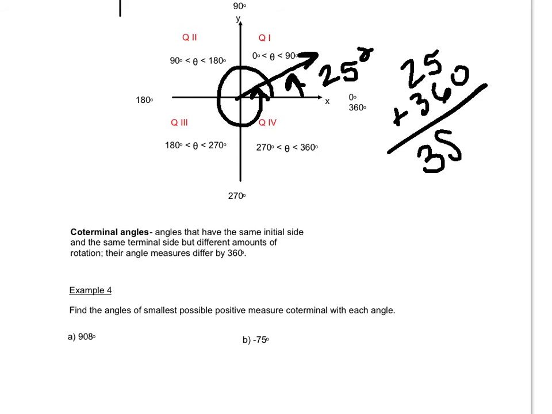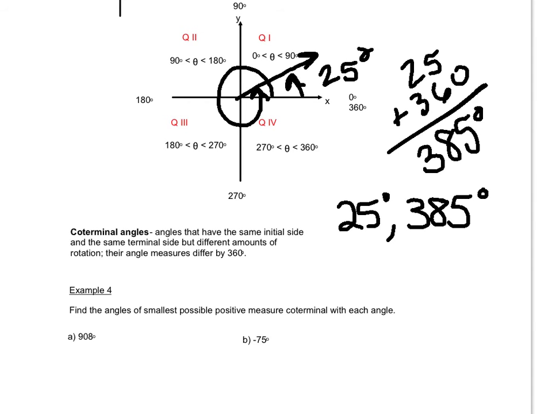So we would have 385 degrees. So 25 degrees and 385 degrees would be coterminal. And that's a degree, not a 2.